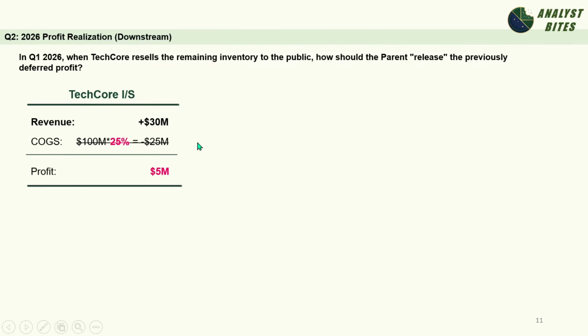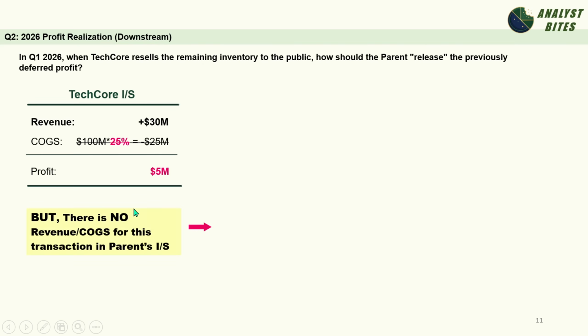Now you may ask, since the sub already recorded this 5 million, why do we need an extra adjustment? The key is the timing difference. In 2025, the parent recorded 100% of the revenue and cost on its standalone books, but deducted the unrealized profit during consolidation.